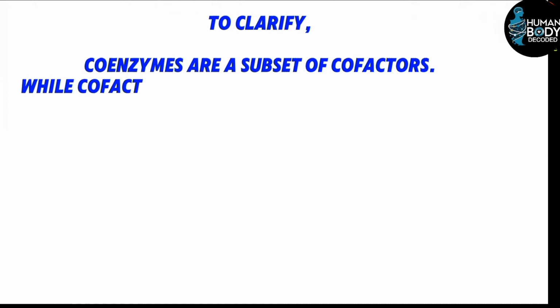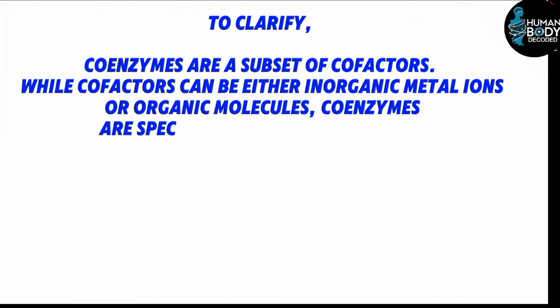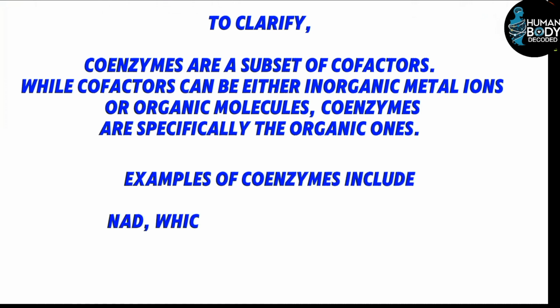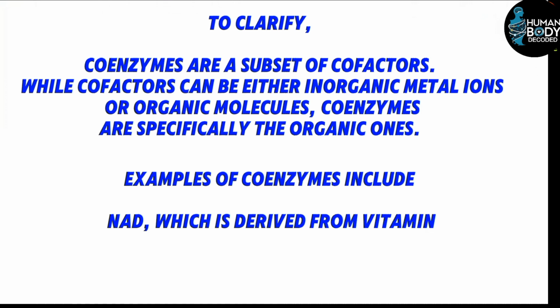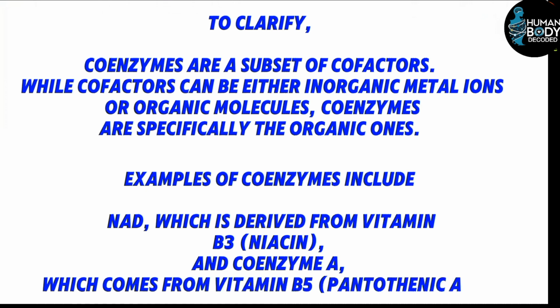To clarify, coenzymes are a subset of cofactors, while cofactors can be either inorganic metal ions or organic molecules. Coenzymes are specifically the organic ones. Examples of coenzymes include NAD, which is derived from vitamin B3 or niacin, and coenzyme A, which comes from vitamin B5 or pantothenic acid.